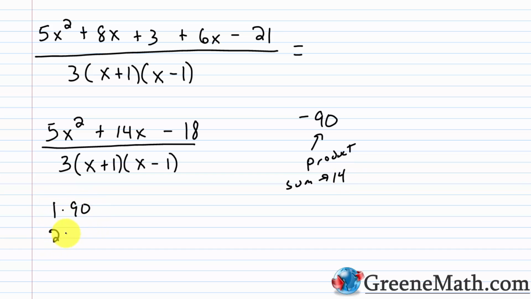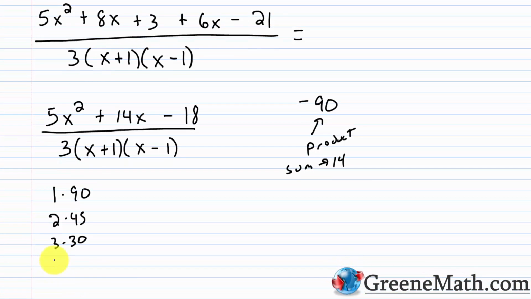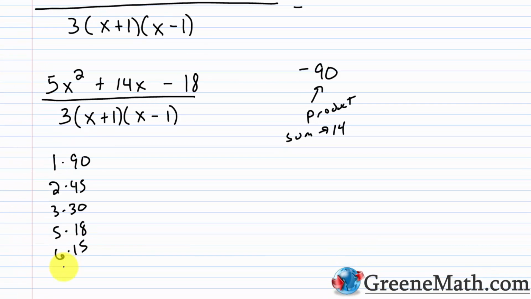I've got 2 times 45. Not going to work. I've got 3 times 30. Not divisible by 4. I've got 5 times 18. That won't work. I've got 6 times 15. That won't work. Not divisible by 7. Not divisible by 8. Is divisible by 9. It's going to be 9 times 10. And that's all we can really do.